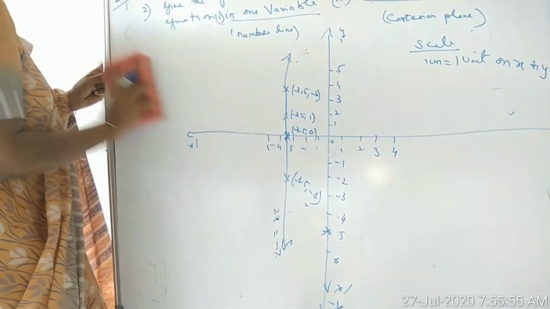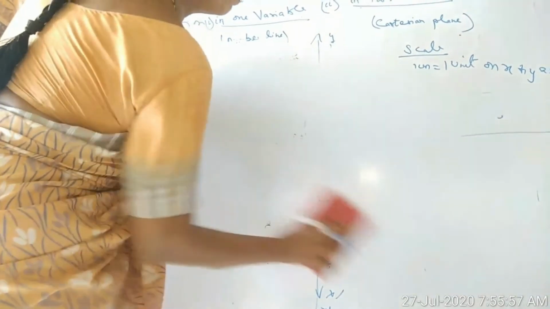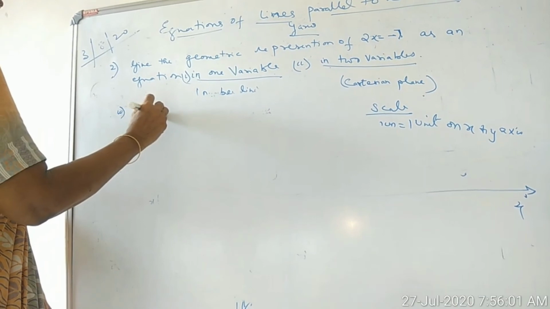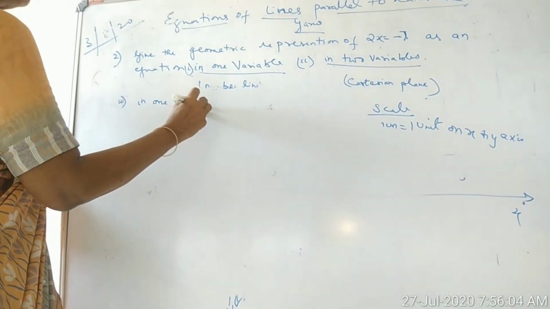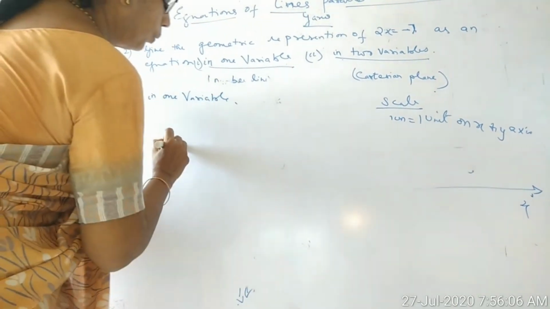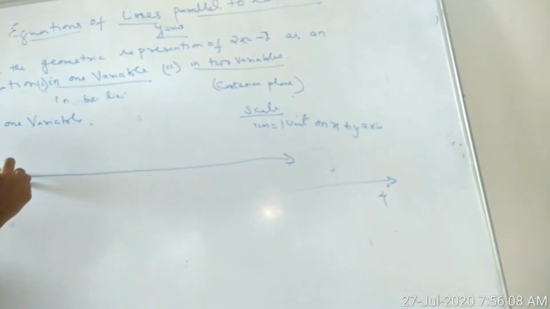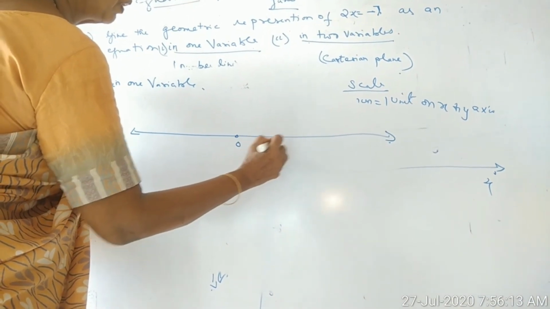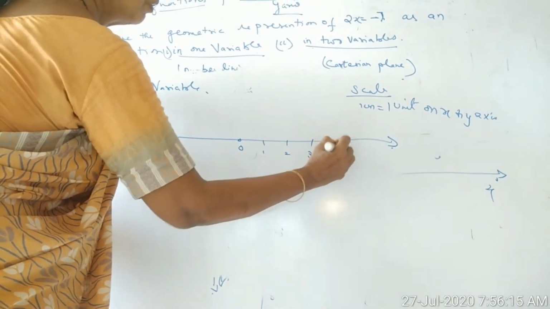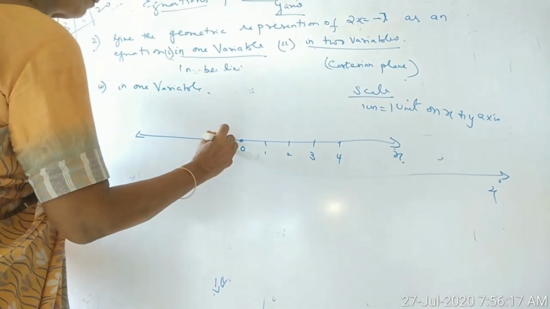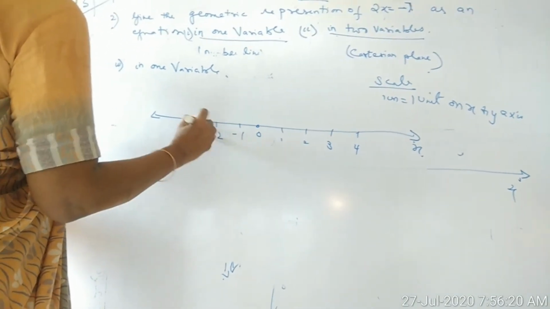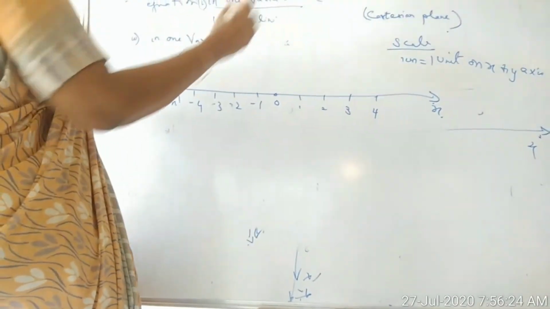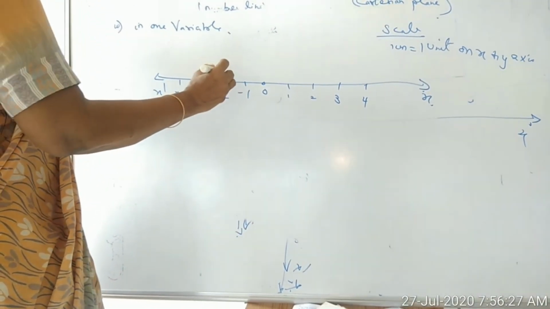The second one for you will be in one variable. In one variable means, I told you, you have to represent on the number line 1, 2, 3, 4, x, minus 1, minus 2, minus 3, minus 4, and what is x equal to?